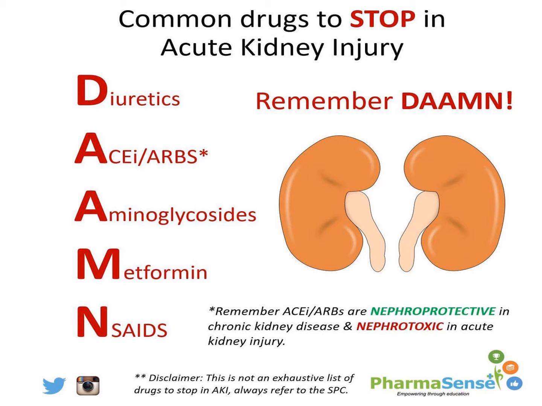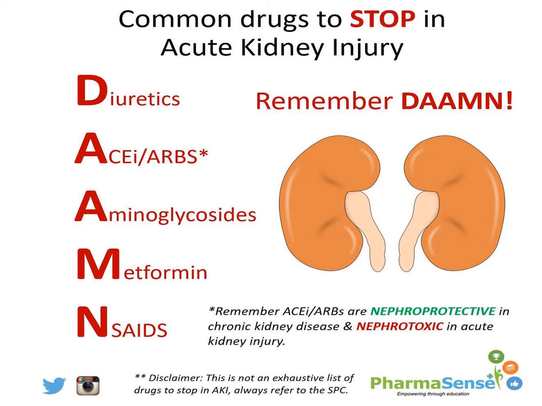ACE inhibitors and ARBs are blood pressure pills. I'm not going to get into them here, but they can be harmful to the kidneys in the setting of a weak kidney already, due to some kind of illness that's occurred.